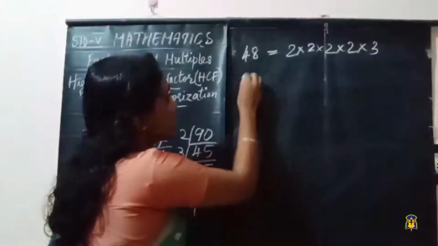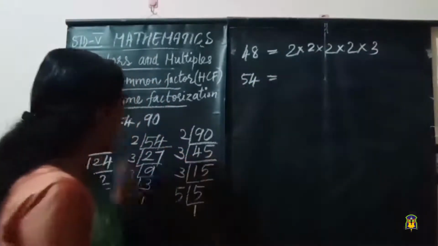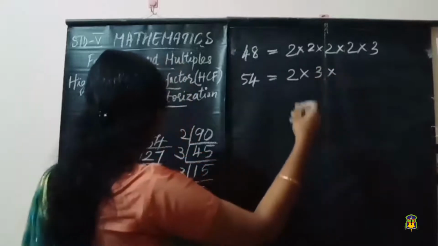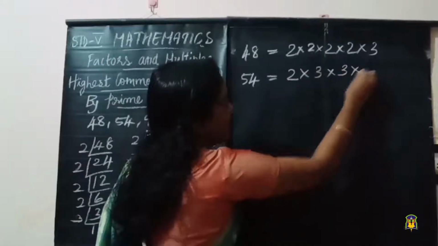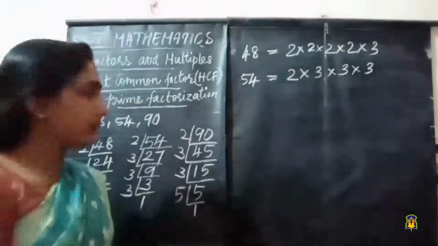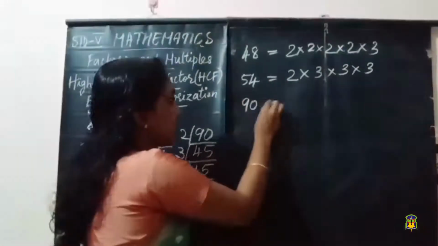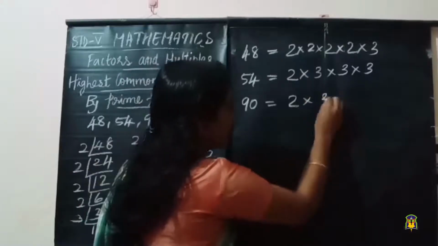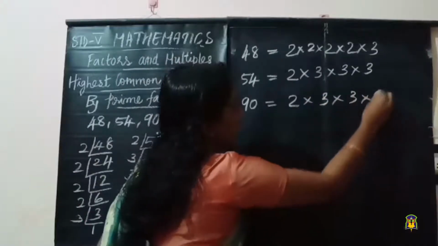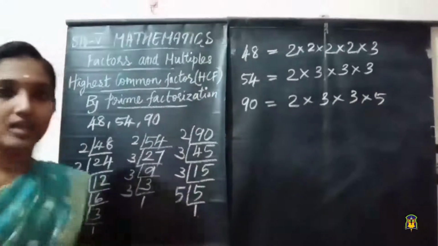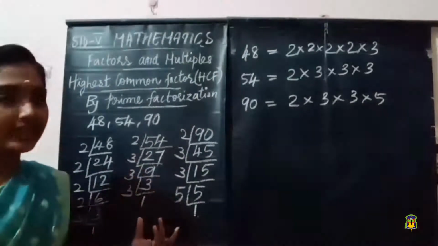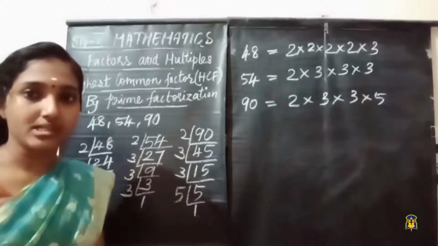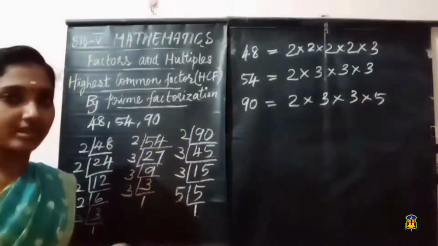Next, 54 is equal to 2 into 3 into 3 into 3. Next, 90 is equal to 2 into 3 into 3 into 5. So we have written these numbers as the product of prime numbers after doing the prime factorization.